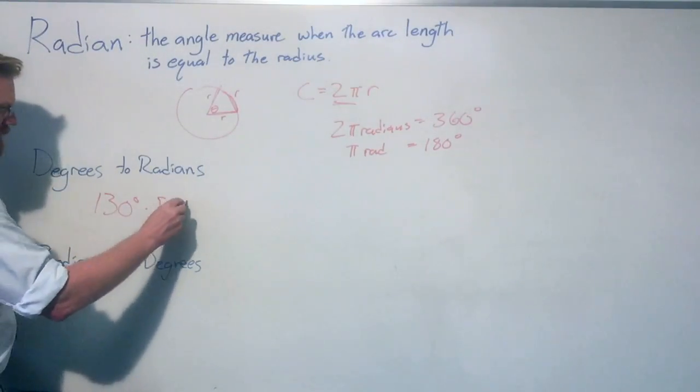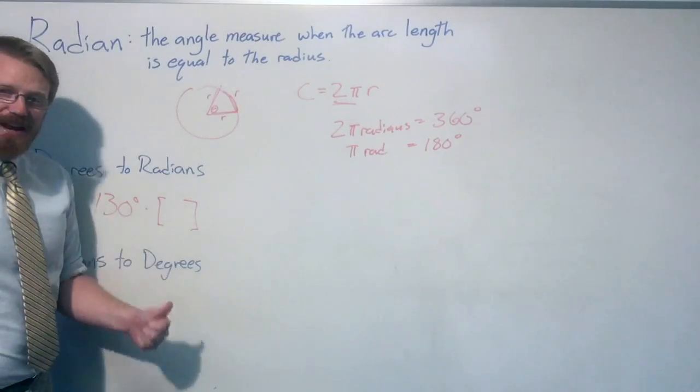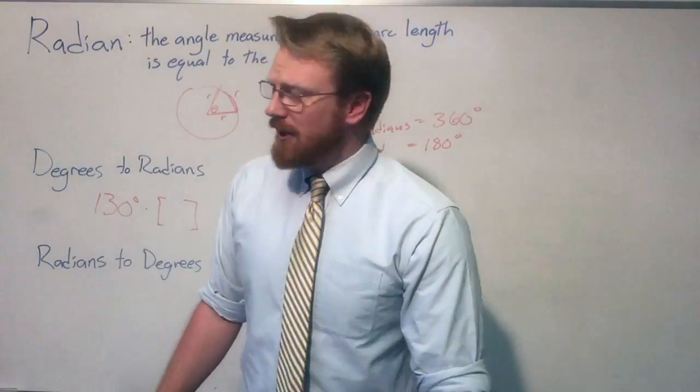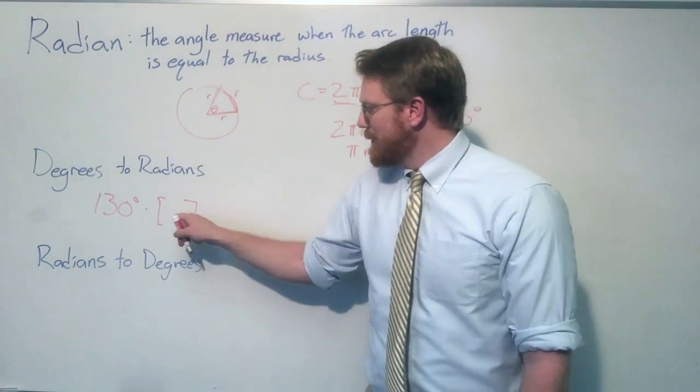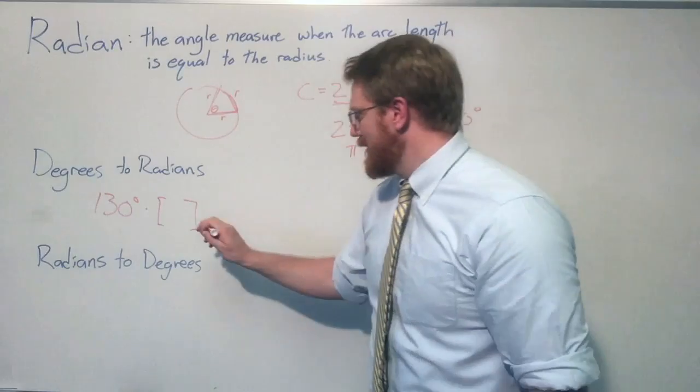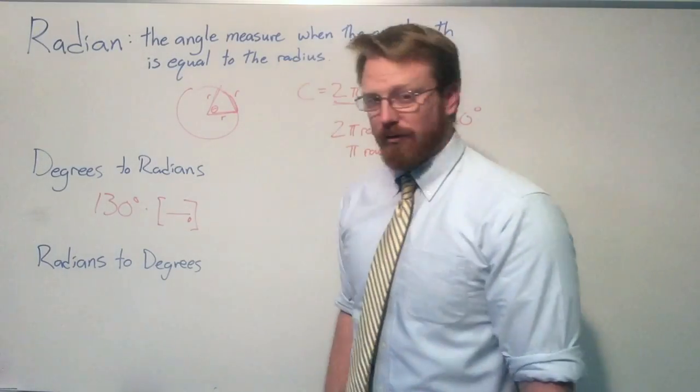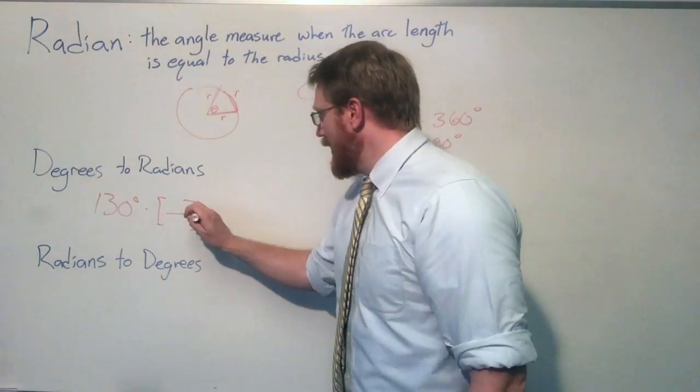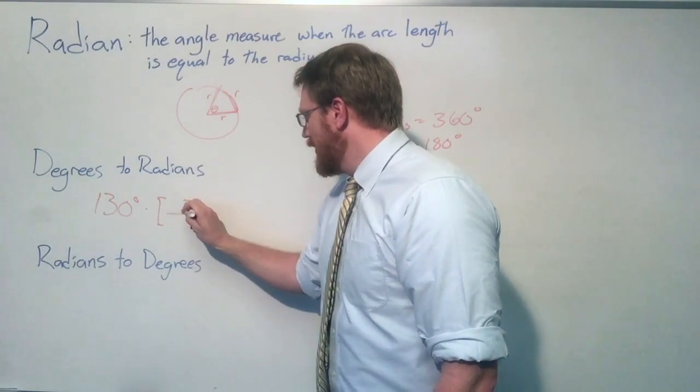I need to multiply by something that won't change the size of that angle, it'll just change its units. So I want to maintain it, I have to multiply by some form of 1, and I want to do it in such a way that offsets my degree units, so they'll cancel, and introduces my radian units, because that's the answer unit I want.